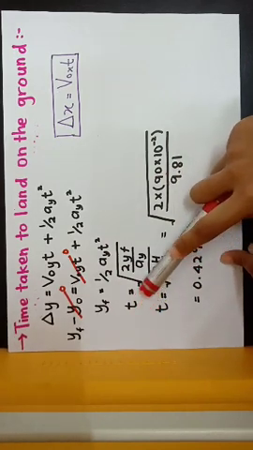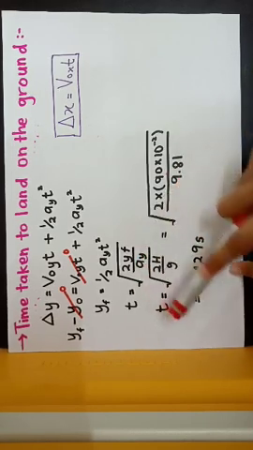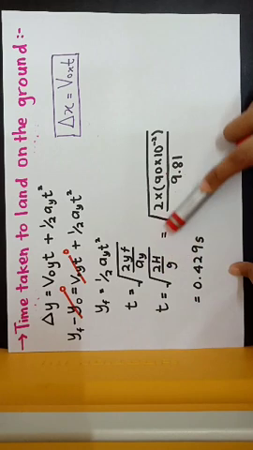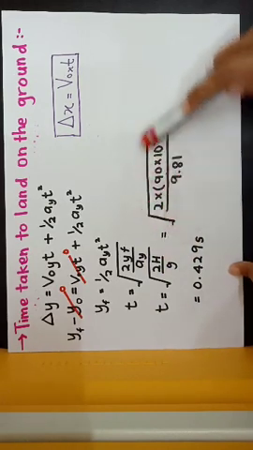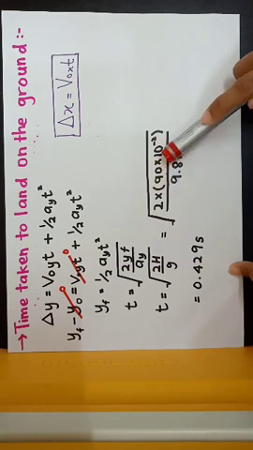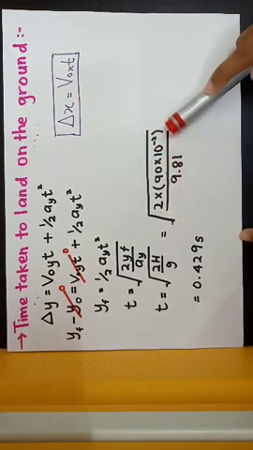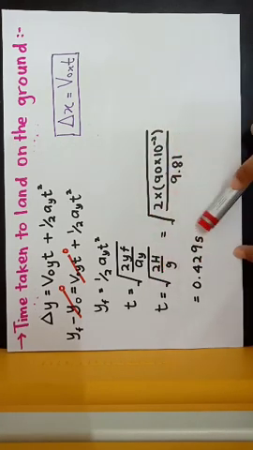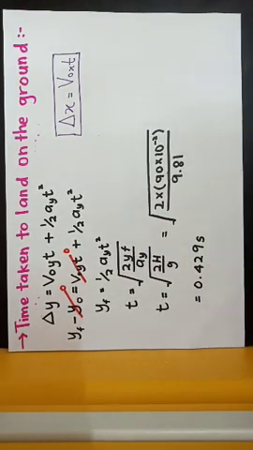So we get t equal to square root of 2 y f over a y, and it will be like this, t equal to square root of 2h over g. So now we substitute the h, which will be like this, square root of 2 times 90 times 10 to the power of negative 2 over 9.81, which is the gravity. So now we can get the time, 0.429 seconds. So this is the time.